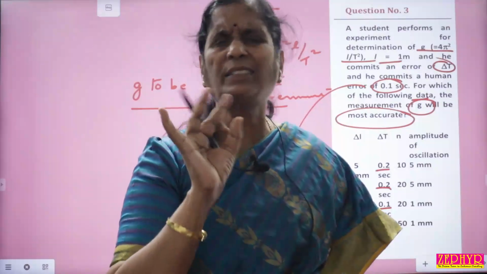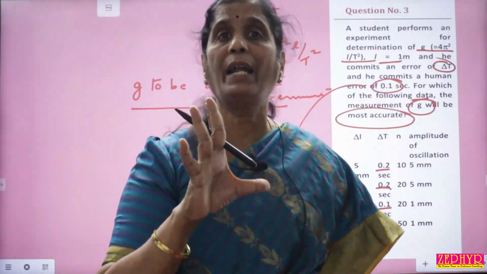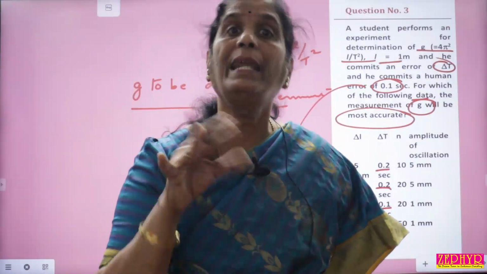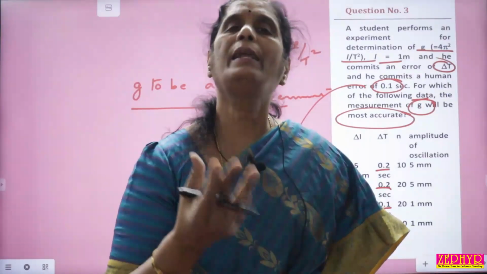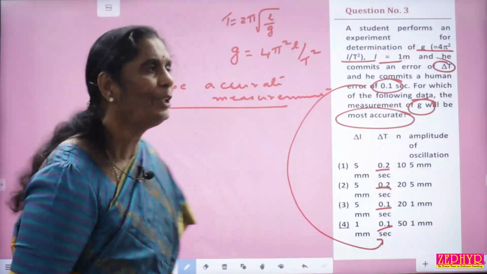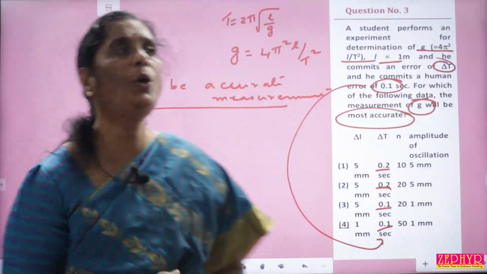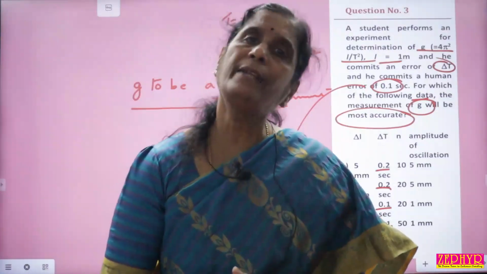I want exact, so there should be no difference, which means no error. We will minimize the error. To get the exact, accurate value, the difference should be least.